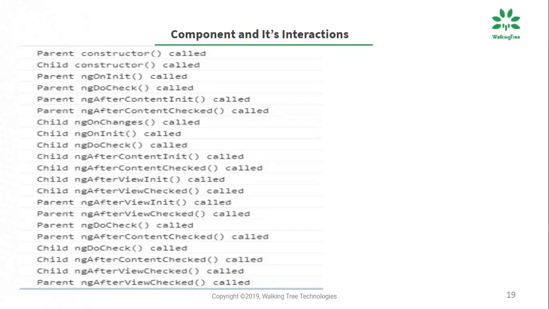You can observe that init is not happening. After do check, after content checked is directly called, because after that it again goes to the child process. Like this the structure is maintained.